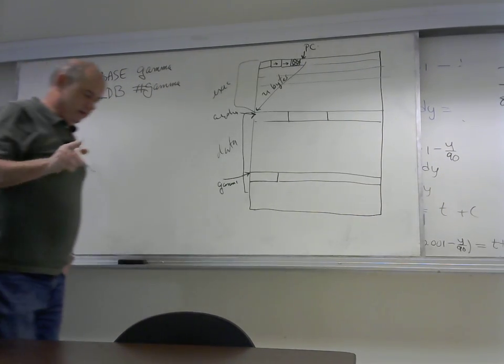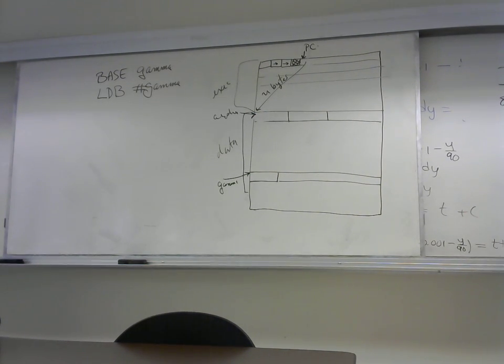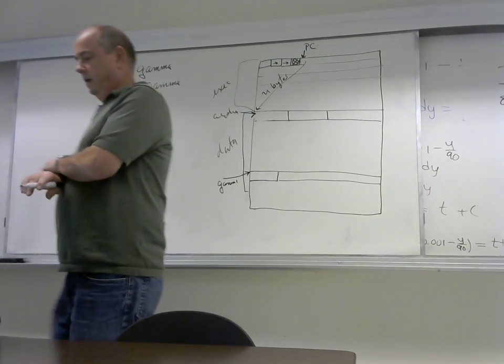So the restrictions, well, let me write the range first. This is forward only, 000 up to FFF. Oops, this is 0 to 4095. They have to be forward, never backwards.